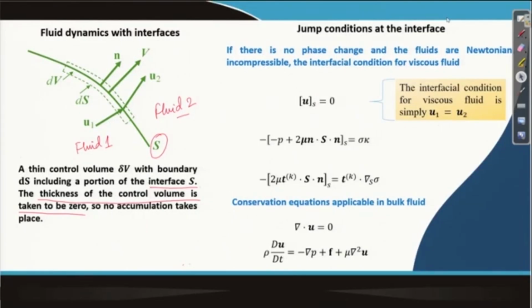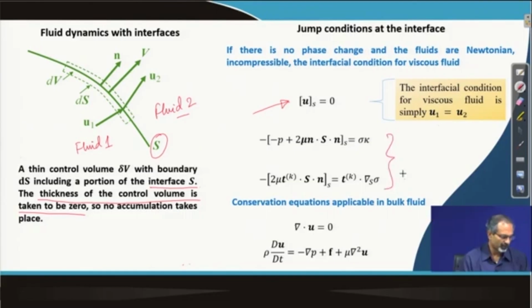Similarly, we can do more on the other conditions. We already indicated this as a jump condition equal to 0, which means the interfacial condition for a viscous fluid is simply u 1 equal to u 2. The other two conditions essentially come from the surface tension.